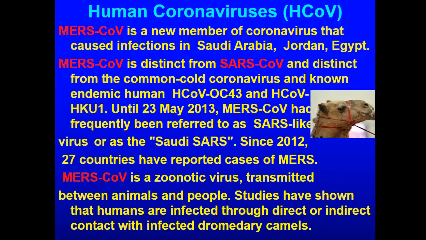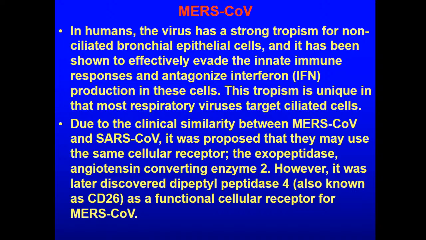That's supposed to be the vector for transmission. The MERS coronavirus in humans showed a strong tropism for unusual cells, non-ciliated bronchial epithelial cells.